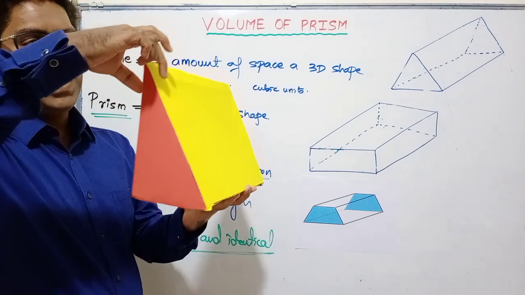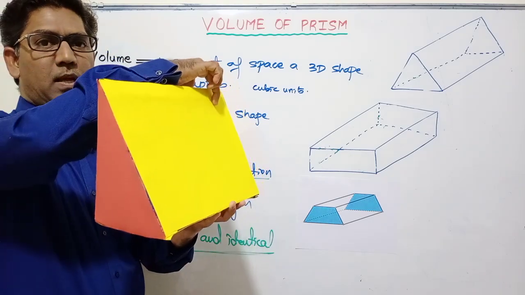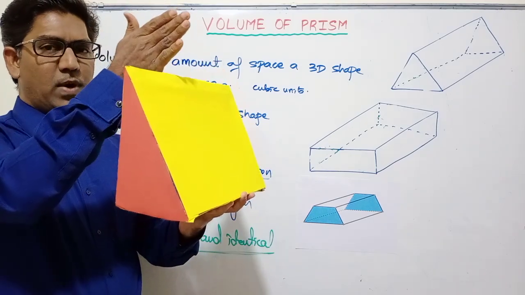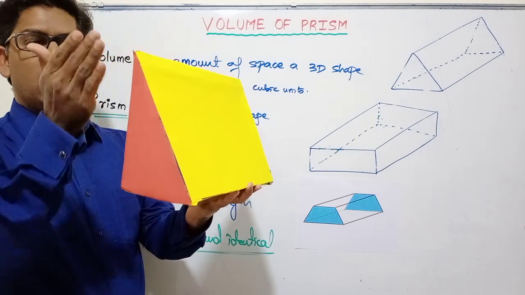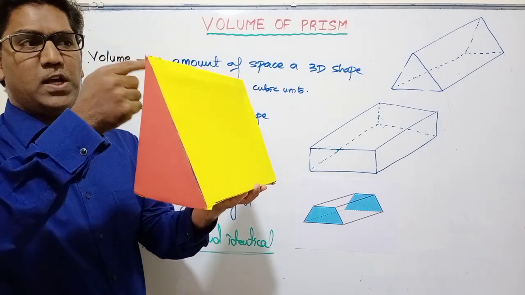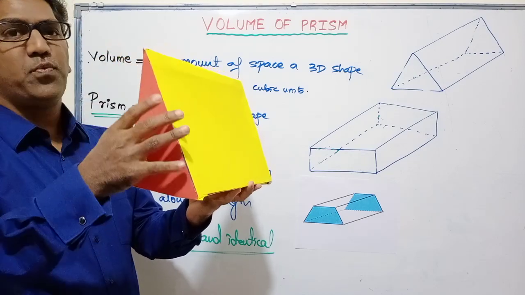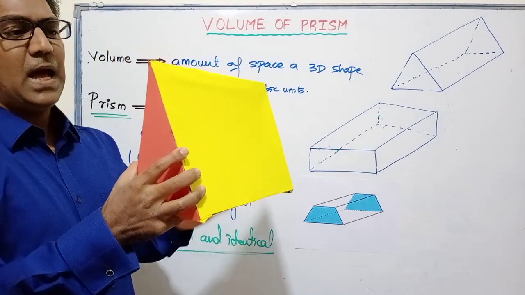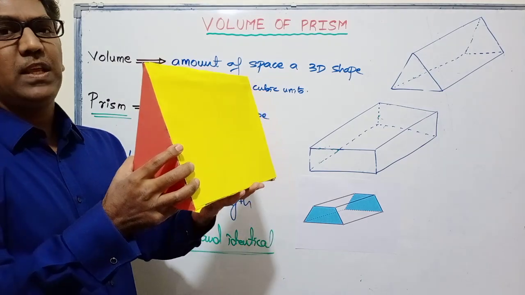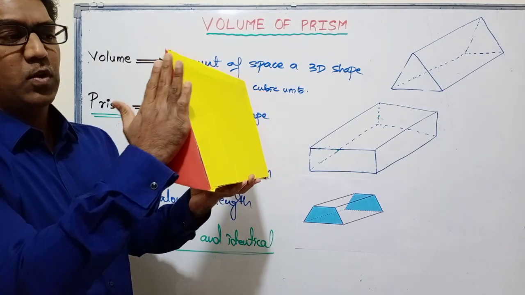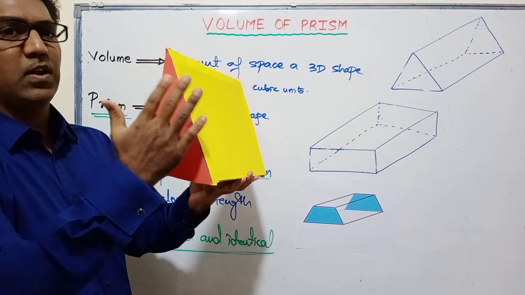This shape remains the same throughout the length. If I cut it anywhere in between, parallel to this face, the triangle so obtained will be equal in shape and size to the original triangle. Such a figure is known as a prism, and the name of the prism is based on the shape of the cross section. If the cross section is a triangle, we call it a triangular prism.